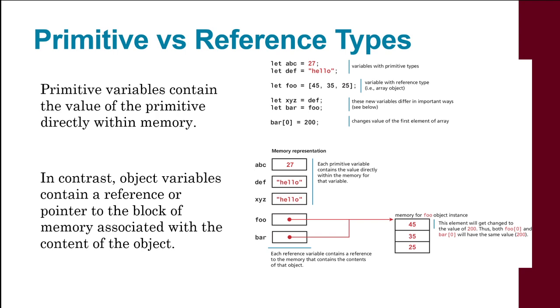And then you can set a variable to a variable, which is what we've done here. So XYZ is set to the variable def, which we set to hello, and bar is set to foo, which is the array. And then the last one is indexing, right? So bar of position 0 is set to 200.